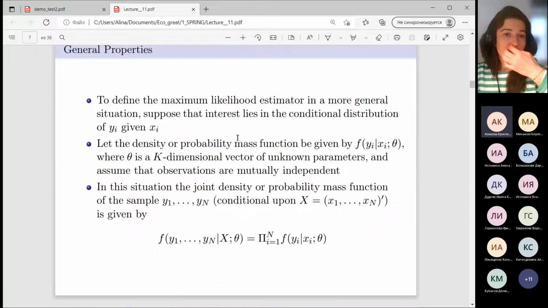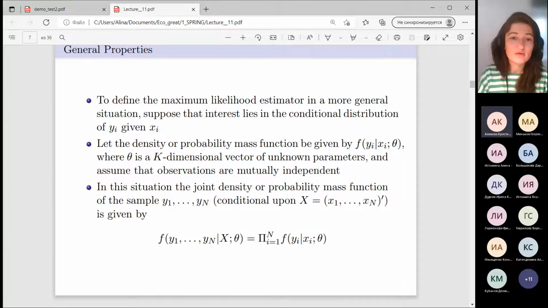So what else? Of course, we need to define the maximum likelihood estimator in a more general situation, a situation that is close to our task when we want to run the regression, yeah.